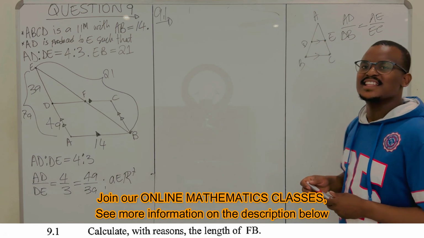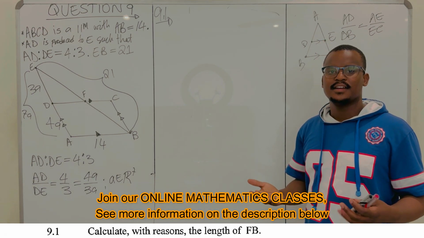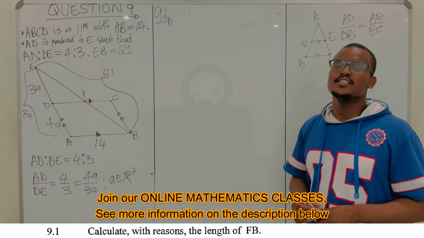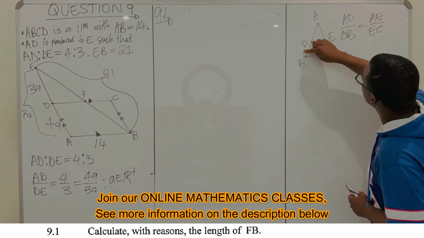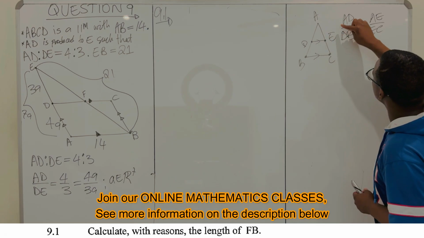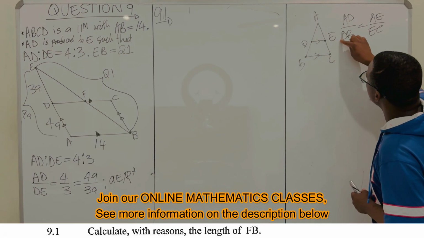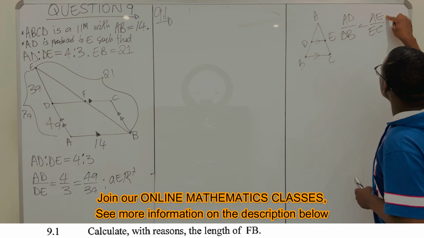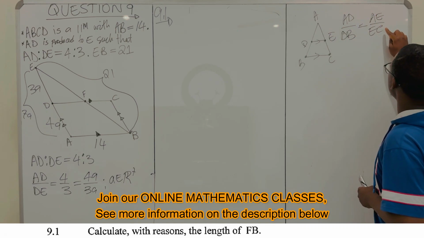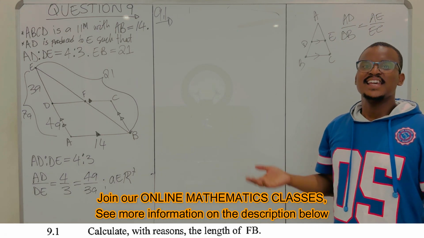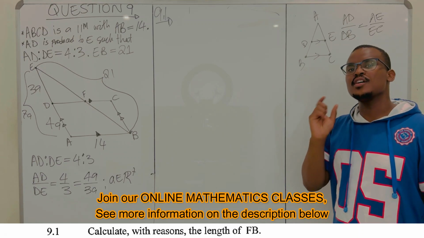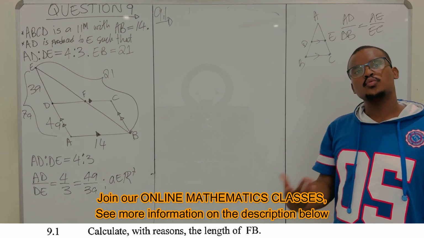Which means if you take the ratios of the same parts, those ratios should be equal. Because look here, I said the top part over the bottom part is equal to the top part there over the bottom part. Your AD is your top part, your DB is the bottom part. Look here, your AE is the top part and the EC is the bottom part. That's your proportionality theorem. It does not only work in that way. As long as you take the ratios of the same parts, it will always work.